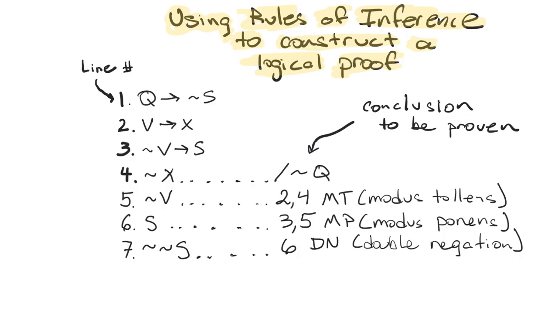So line 8 is going to be tilde Q, or the negation of Q. Then I space over, tab over, and this is going to be lines 1 and 7, using the modus tollens rule of inference.